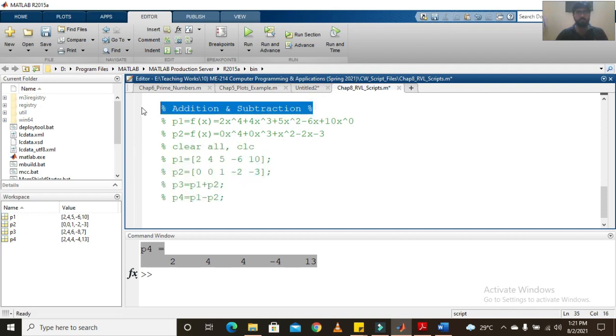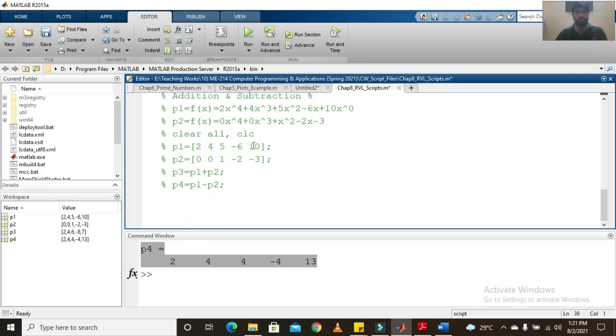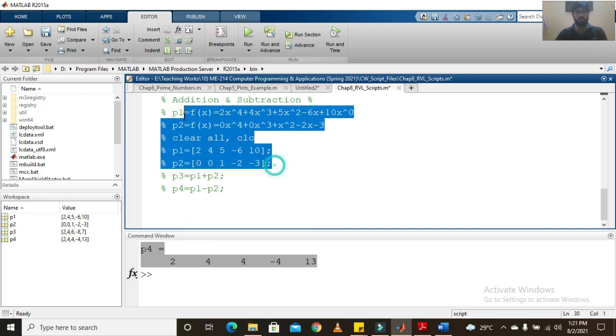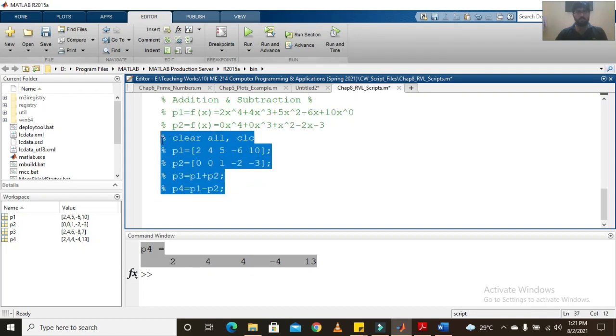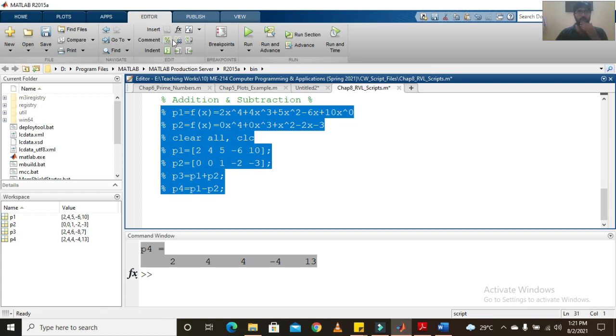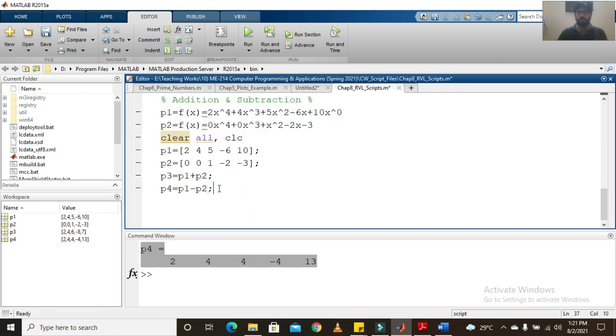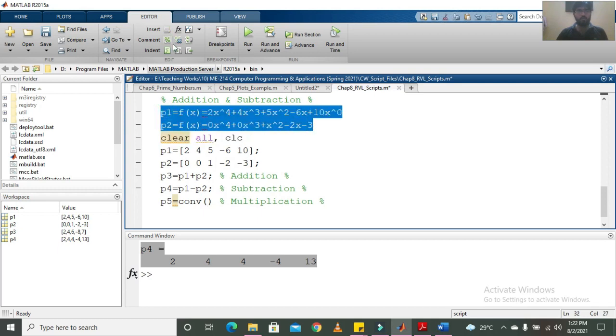So let's say I want to multiply them. So I will use the conv function, and I want to multiply polynomial p1 and polynomial p2.